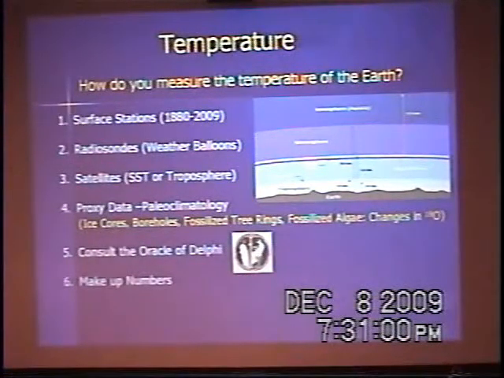Another way, say, well, what if we want to go back to before 1880, we want to look at temperature trends from a long, long time ago. We have to use what are called proxy data. Proxy data, a branch of study called paleoclimatology. And we do this by drilling ice cores in the ice, by boreholes in the ground.